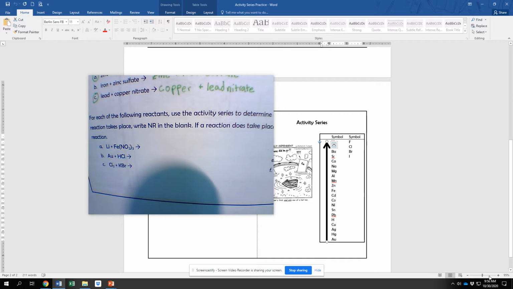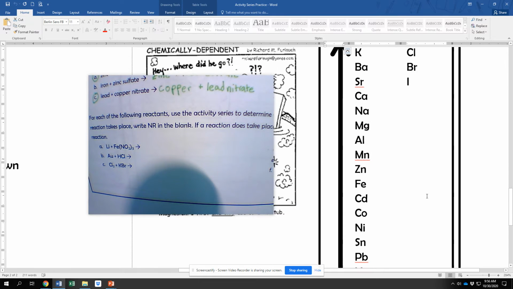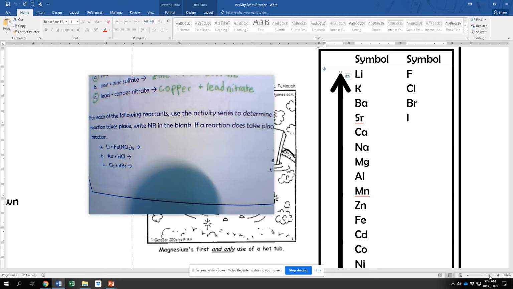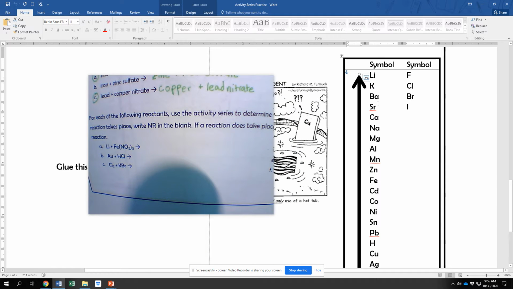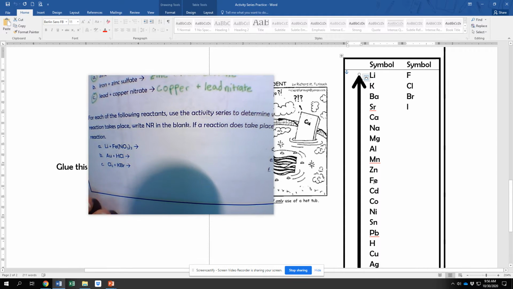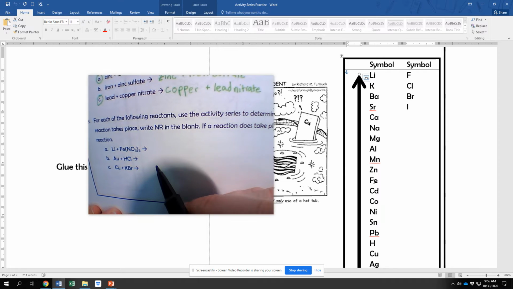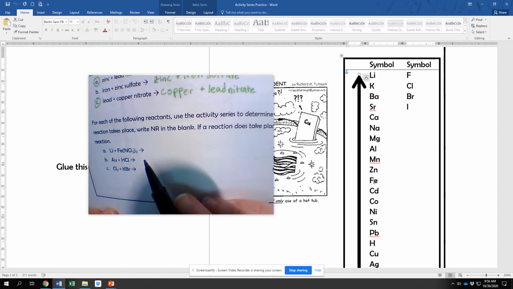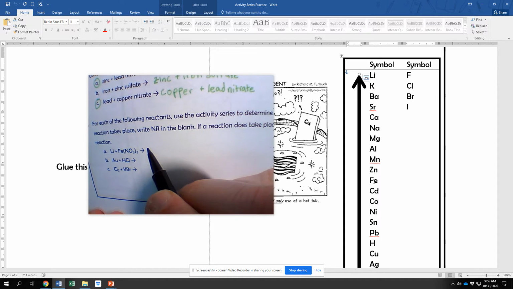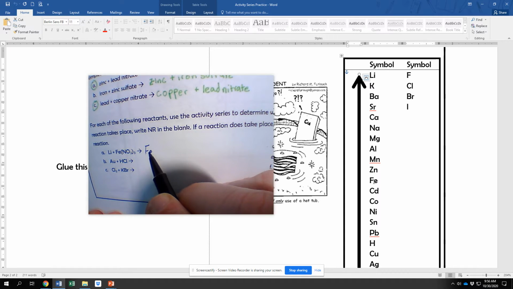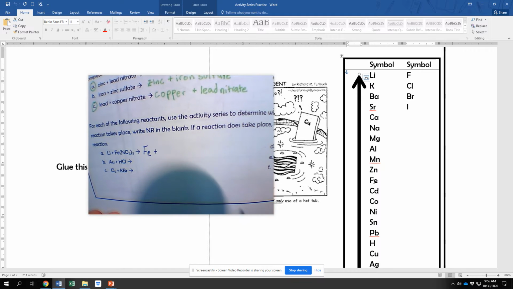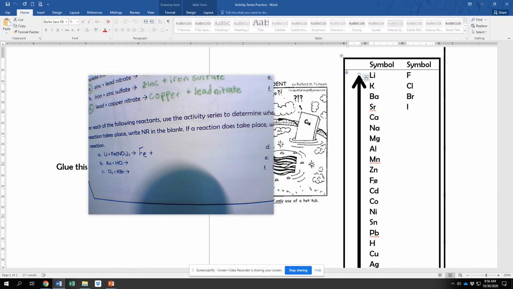Okay, so this is the list you have in your notes right here. Okay, so lithium is up here. This is extremely reactive. Iron is down here. So if we put a piece of lithium metal into a solution of iron nitrate, yes, this would react. So again, iron and lithium are going to switch partners. So we're going to end up with just pure iron and then lithium nitrate.